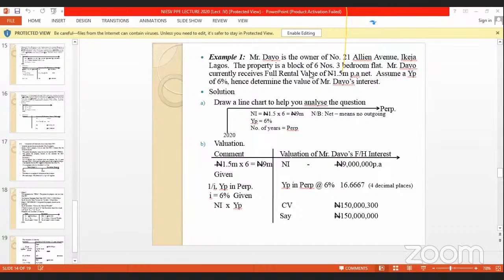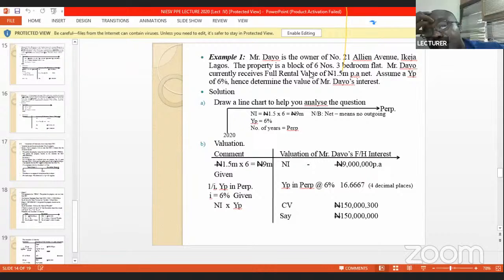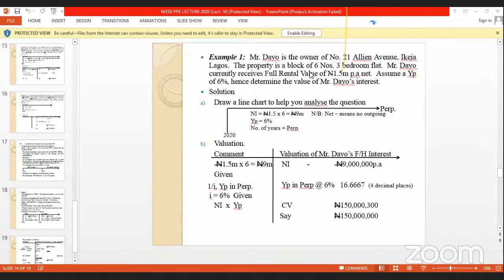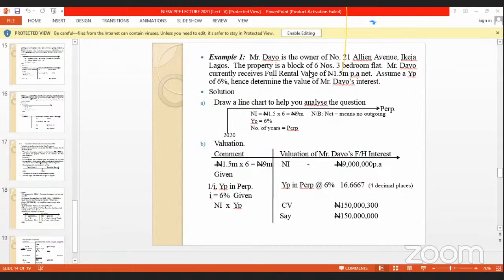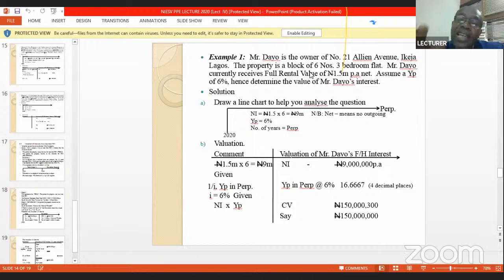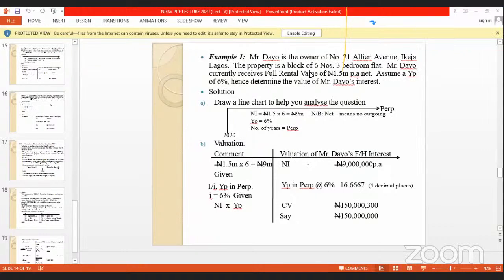It should be 1.5 million per flat. But should we see something like this in the exam, and we're given the numbers of flats, then it's not a typographical error. I'm saying it's a typographical error because my calculation did not recognize it as just 1.5 million.